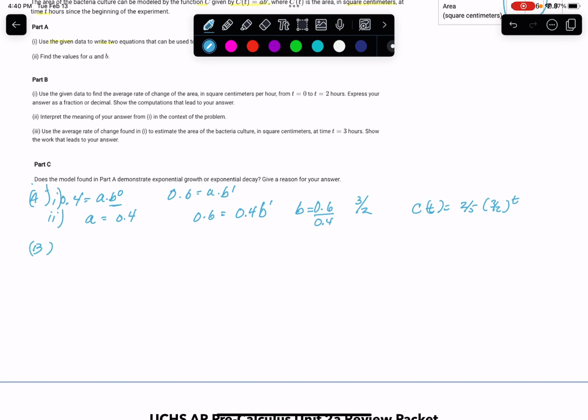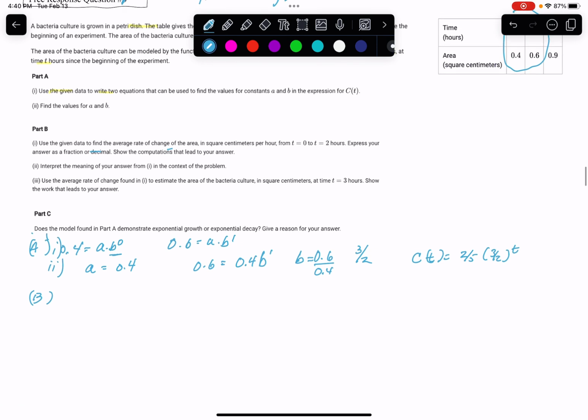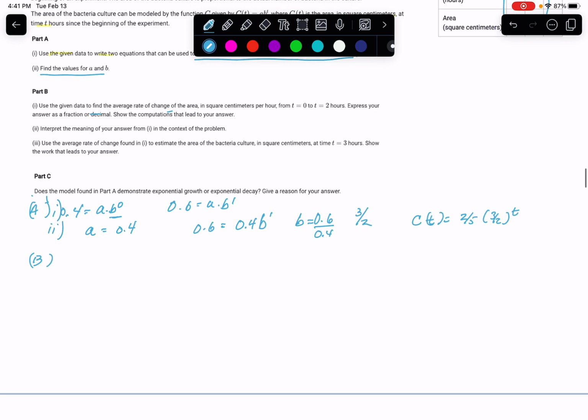So B says use the given data to find the average rate of change. Again, does it say use the data that can be defined an expression for C of T? So we have that. Find the values for A and B. Use the given data to find the average rate of change in square centimeters from 0 to 2. Express your answer as a fraction and show the computations.